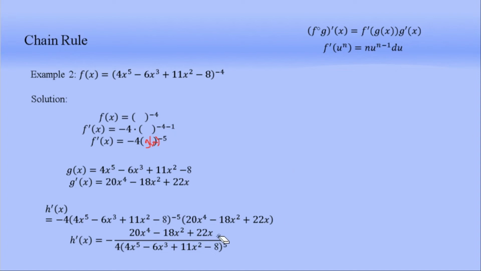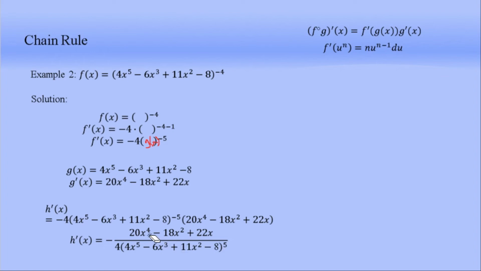We have to make sure that our final answer does not contain a negative exponent. So again, we're going to apply the power rule for negative integers.